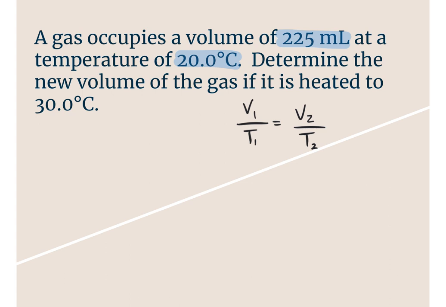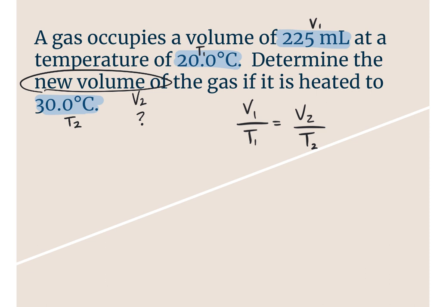So that is going to be my first volume and my first temperature. Then it asks me to determine the new volume of the gas if it's heated to 30 degrees Celsius. So that's my second temperature, and the new volume is V2, which is my unknown variable. So that's the thing that I don't know what it is.